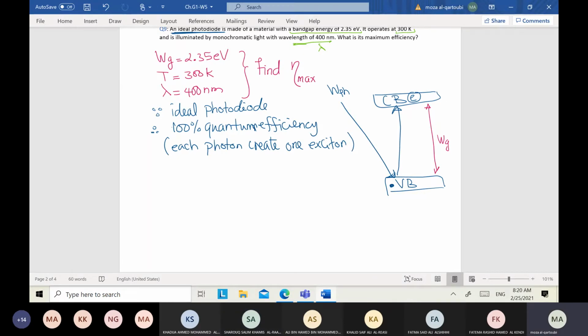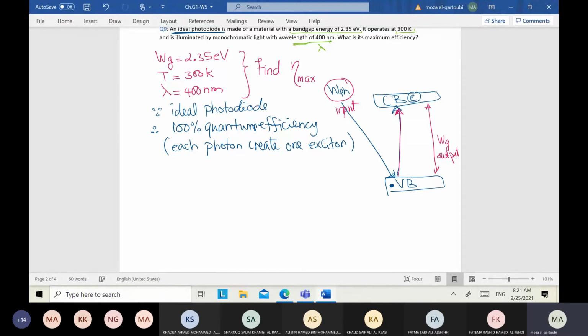So this energy, W of photon, is the input energy. And the output will be the energy of this light reaching the valence band, then back to conduction. This energy is called Wg, the band gap energy. So this is the output.